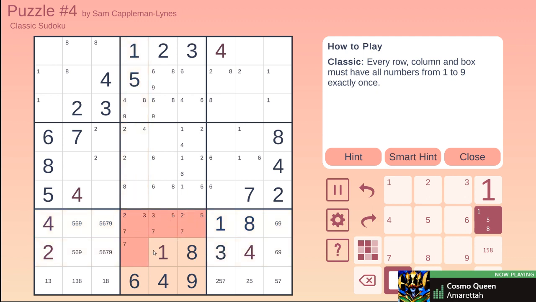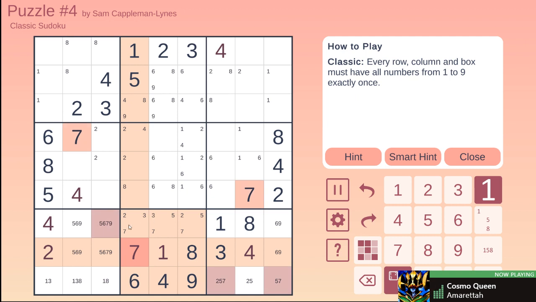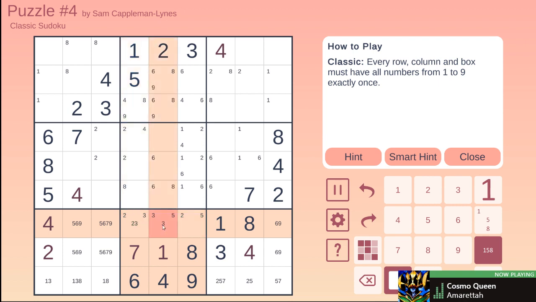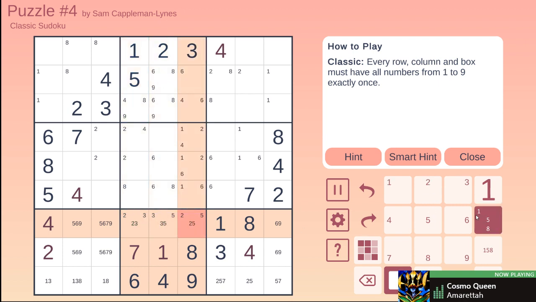And then it's 2, 3, 5, 2, 3, 5, 7. So since 2, 3, and 5 are restricted here, this has to be a 7, thus making none of these a 7. So this has to be 2, 3, 3, 5, 2, 5.